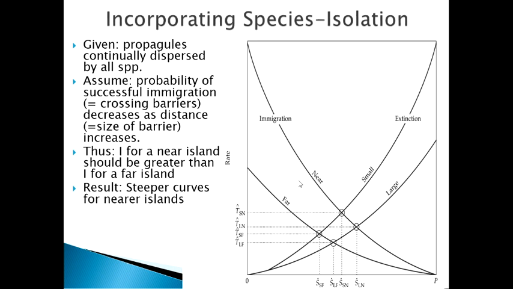So we're going to have some relationship now between near islands, far islands, small islands, large islands, and some combination of these things. Notice that these intersection lines end up plotting different values or different systems of numbers of species here. I'm going to get right back to that in just a bit.